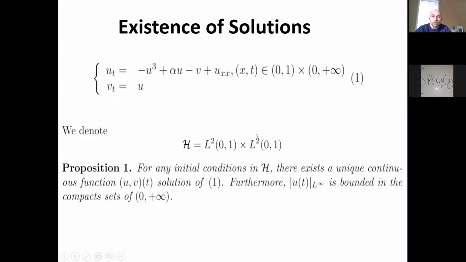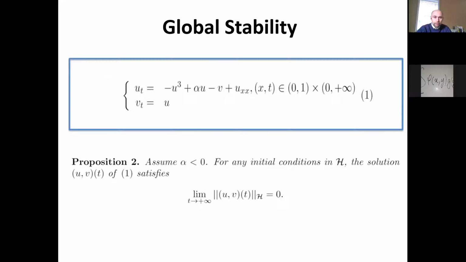This means that if you choose an initial condition u in L2 and v in L2, then you will have a solution for this equation, which is defined for all positive time. I'm not going to discuss so much on that, and I'm moving forward.